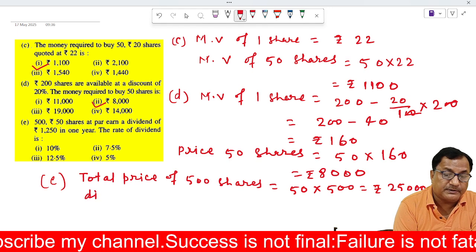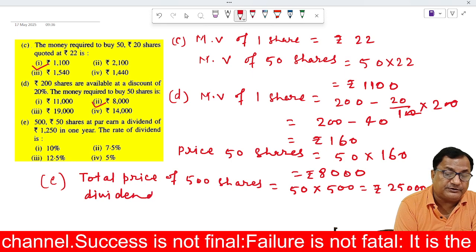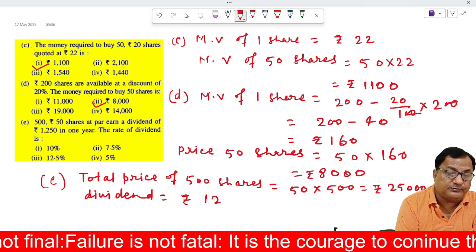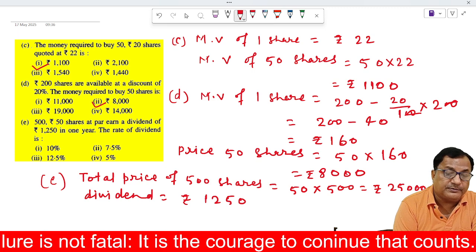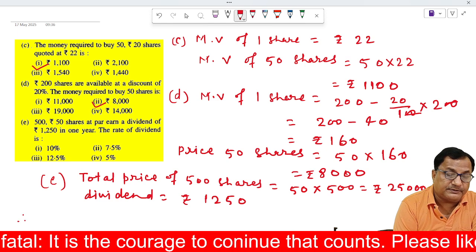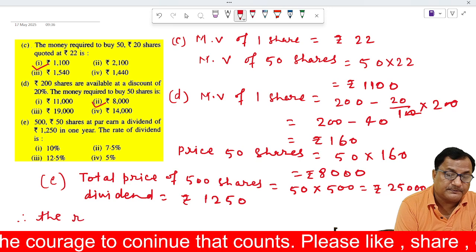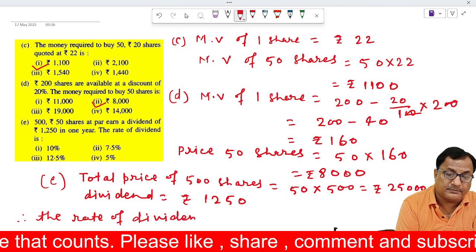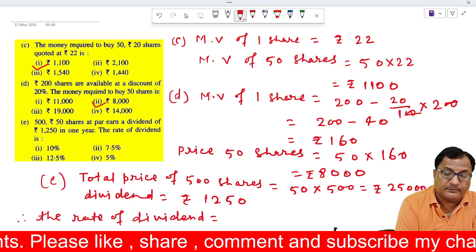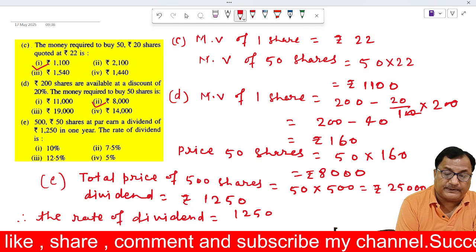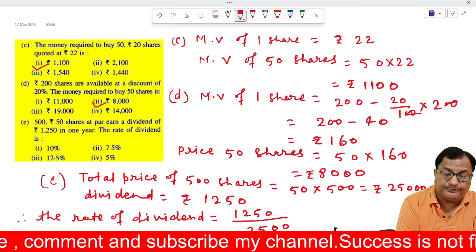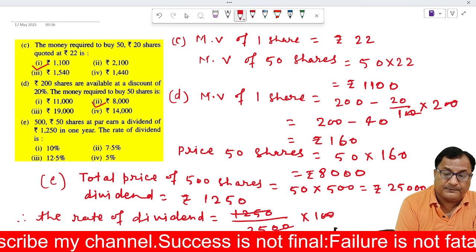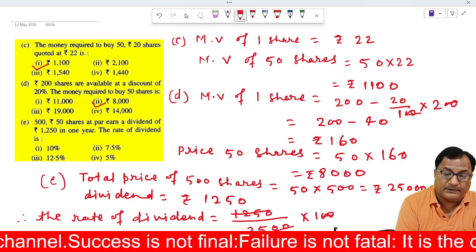dividend is equal to rupees 1250. So the rate of dividend is equal to 1250 divided by 25,000 into 100.